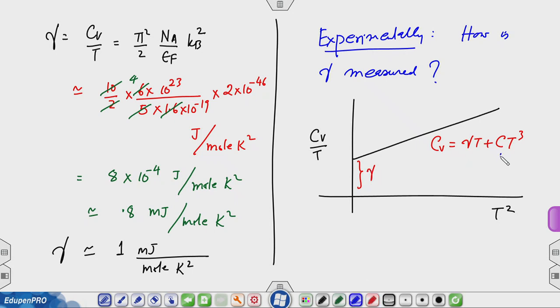The second term comes due to lattice vibrations, which we will talk about in coming few lectures. So, this intercept experimentally gives you gamma. We have already estimated that gamma is of the order of 1 millijoule per mole per Kelvin square.